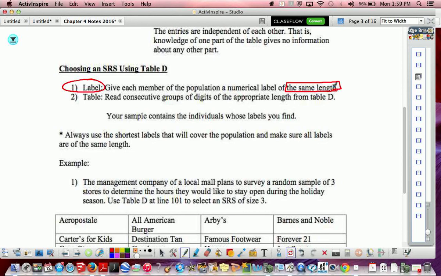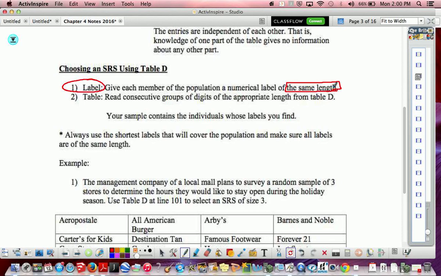So when I label them, each person or object gets a number between 01 and whatever my ending number is. Not 1 to 70 or 1 to 1,000.